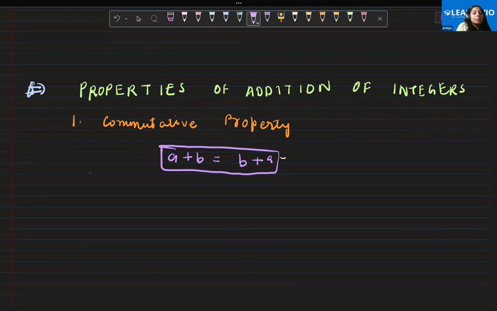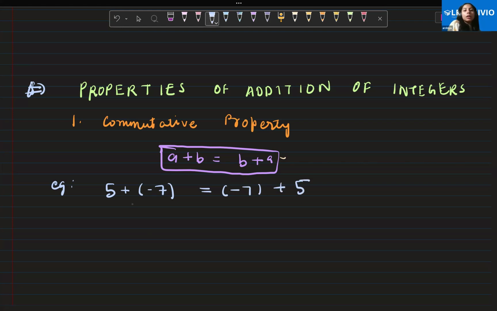So let's take an example. Let's say I have 5 plus negative 7. That should come out equal to negative 7 plus 5. Here plus minus will be minus, so 5 minus 7. And here also, negative 7 plus 5, subtraction will happen.